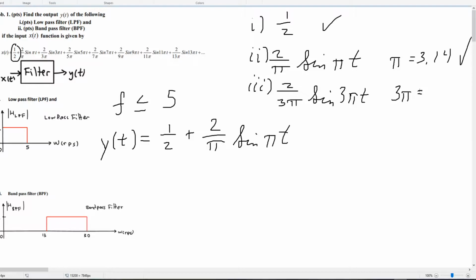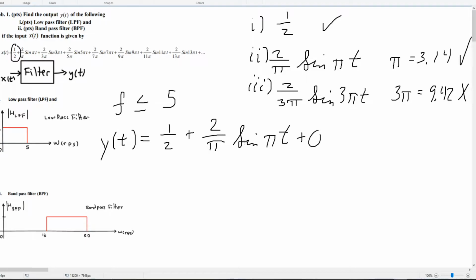If we do 3 pi on our calculator, we will see that's 9.42. Now that we get 9.42, we compare that to 5. 9.42 is greater than 5. So that means that this is not going to pass. So you would say that this is plus 0.